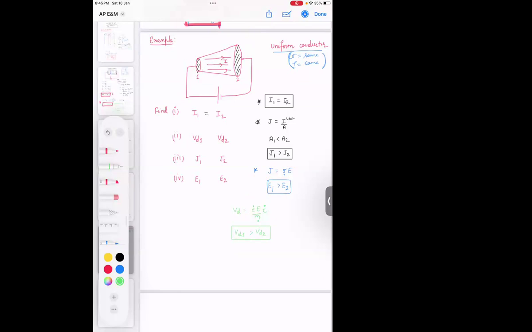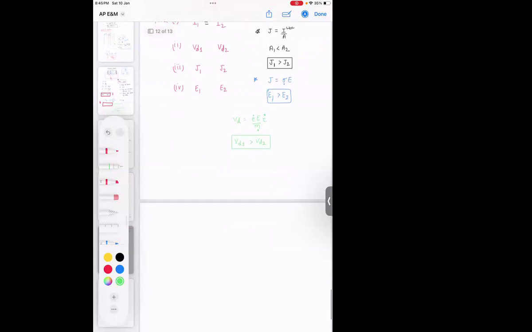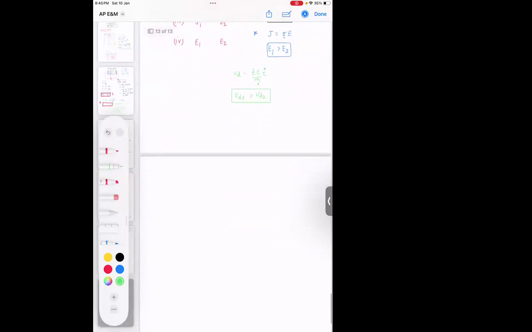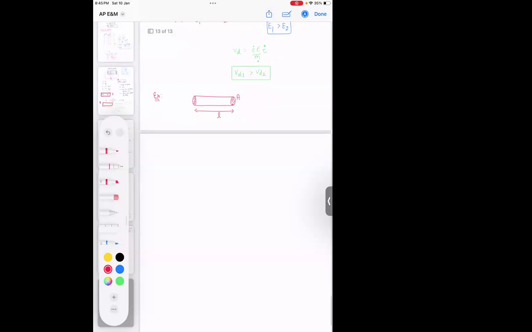Yes, sir. Right. Okay. Let's discuss the next example. In the next example, what is given to us? A conductor is given to us. Its length is L and the area of the conductor is A. Now, what happened?